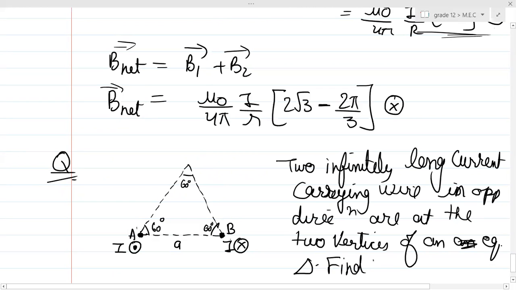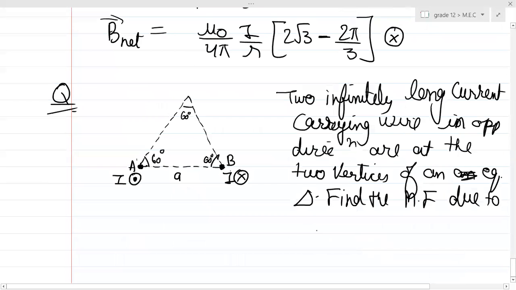Find the magnetic field due to them on the third vertex.